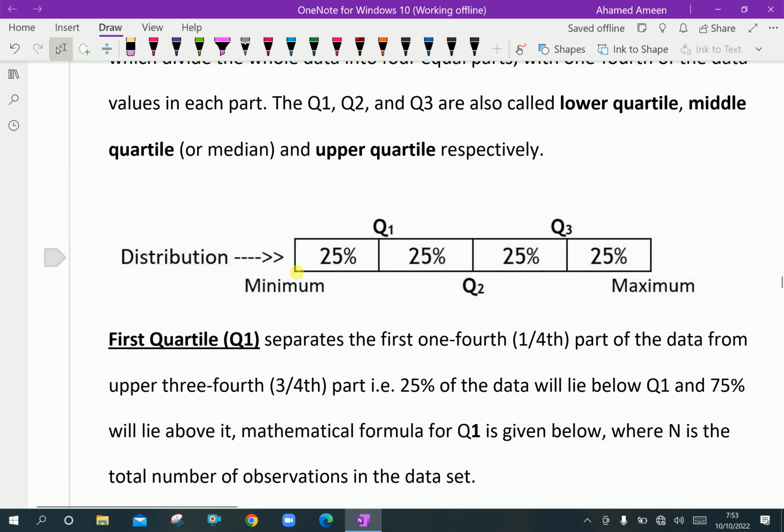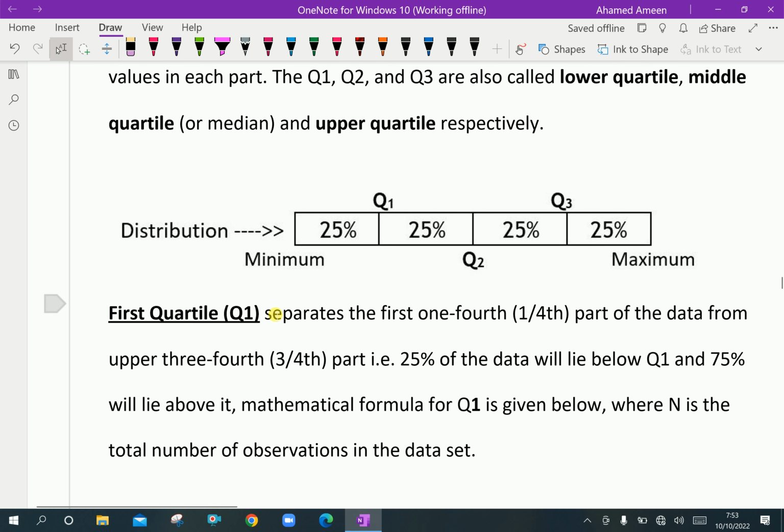Look at this distribution here. The 100% is divided into 4 equal parts of 25% each. Minimum value here, maximum value here. The first quartile separates the first 1/4 part of the data from the upper 3/4 part, that is 25% of the data will lie below Q1 and 75% will lie above it.